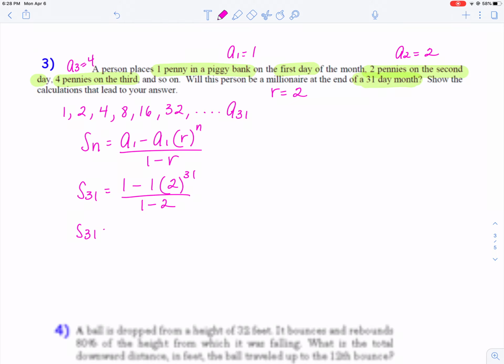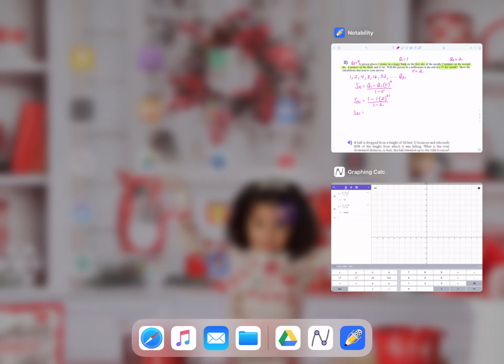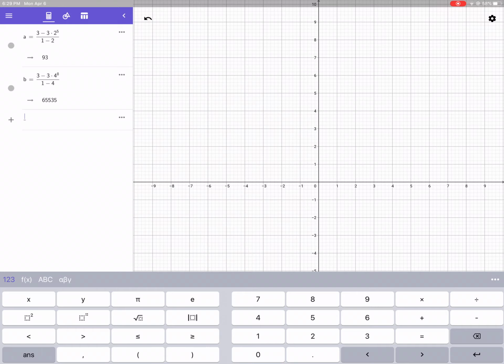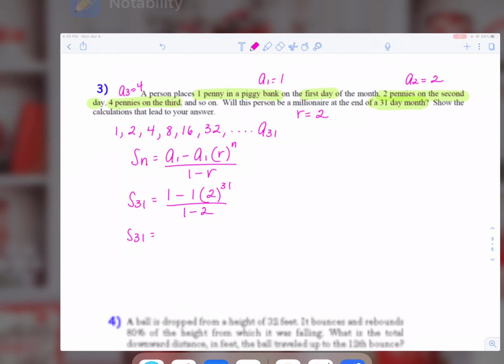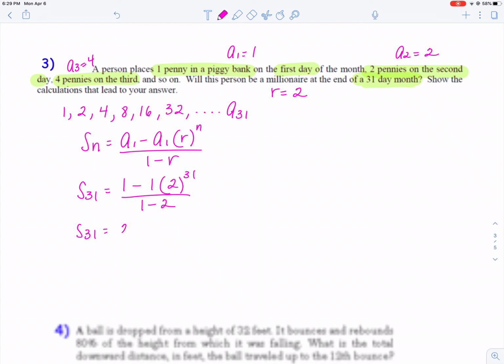Now remember, when you go to the calculator, we calculate 1 minus 1 times our common ratio of 2, raised to the 31st power, over 1 minus 2. It's a big number. I'm going to write that number down. It looks pretty big.